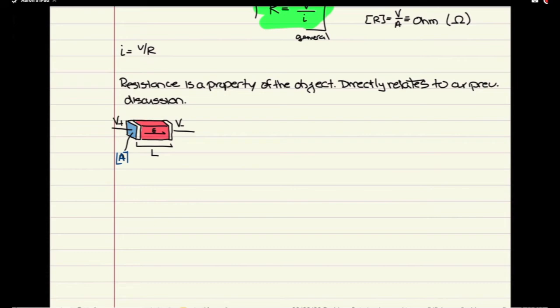So again, we can make some simple estimates based on stuff we've already talked about. We could estimate the magnitude of the electric field within this resistor. You know that there's a relationship between the potential difference and the electric field that is established as a result. It's just dV dx in that case.